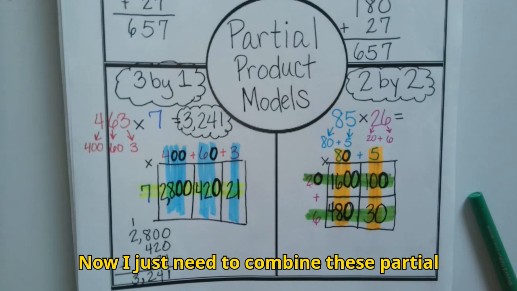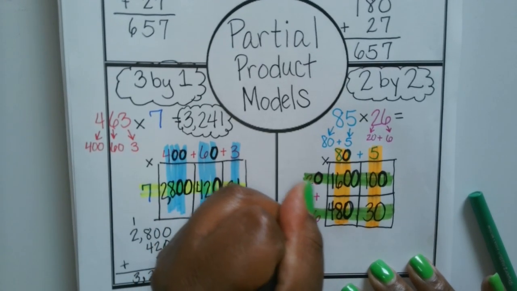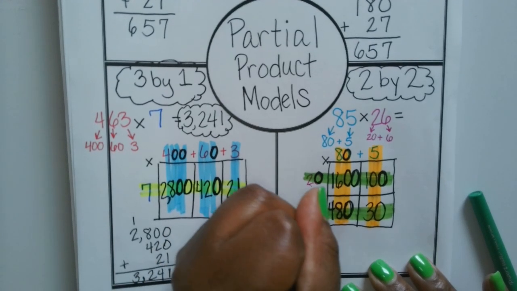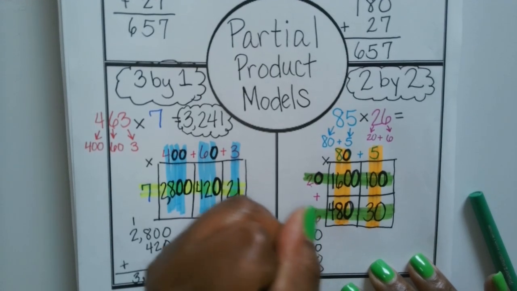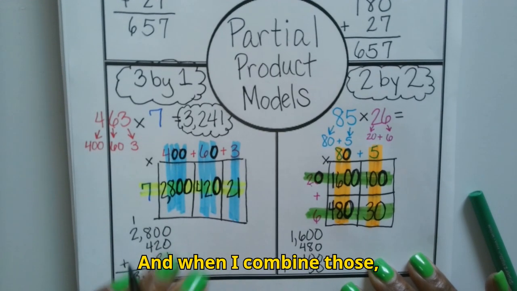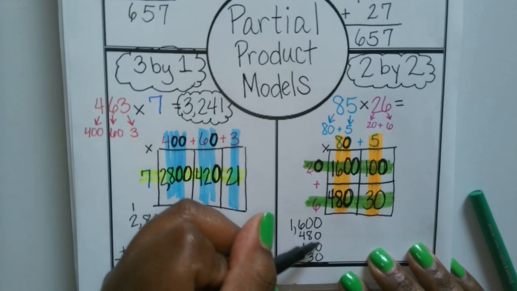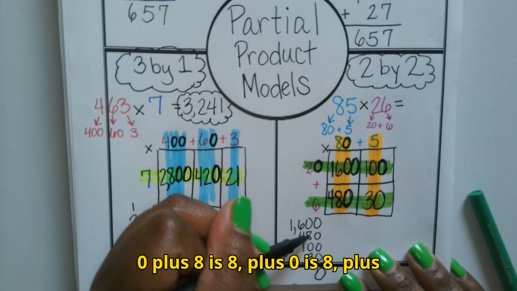Now I just need to combine these partial products. So that's 1,600 plus 480 plus 100 plus 30. And when I combine those, 0 plus 0 plus 0 plus 0 is 0. 0 plus 8 is 8.